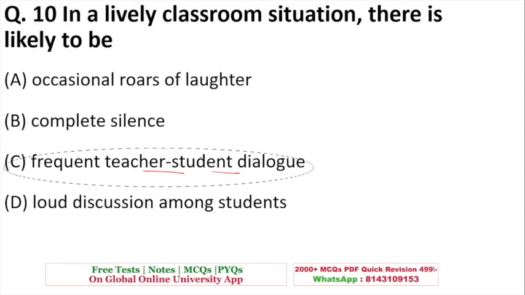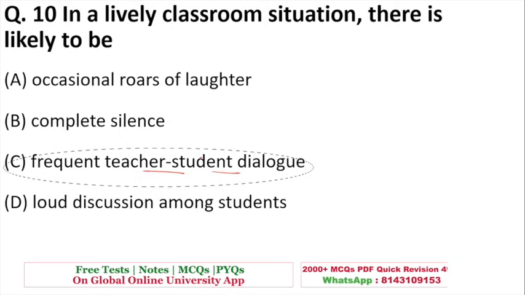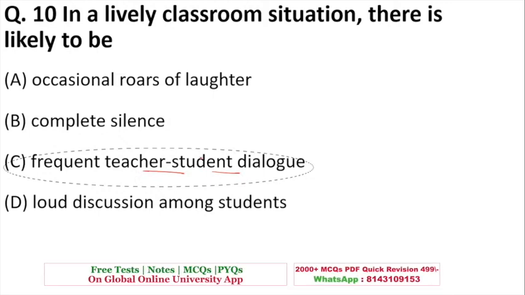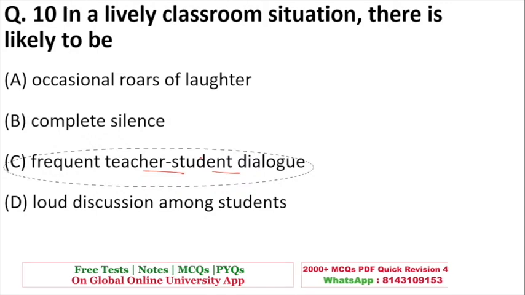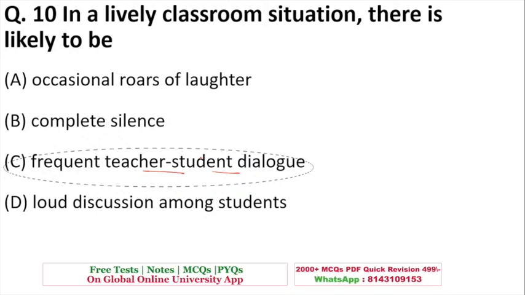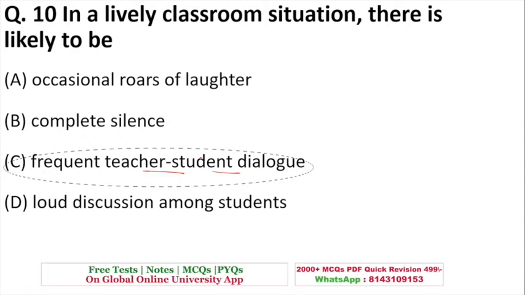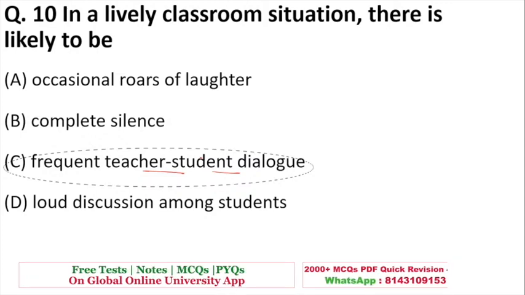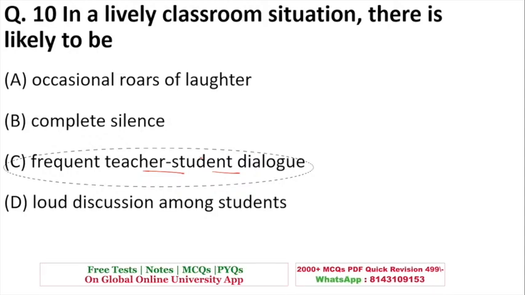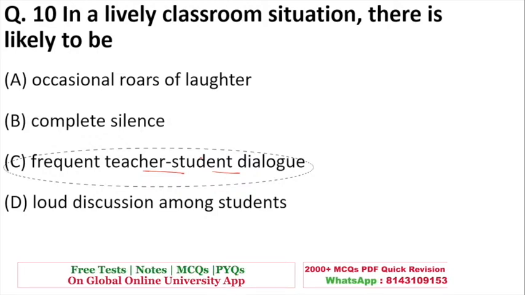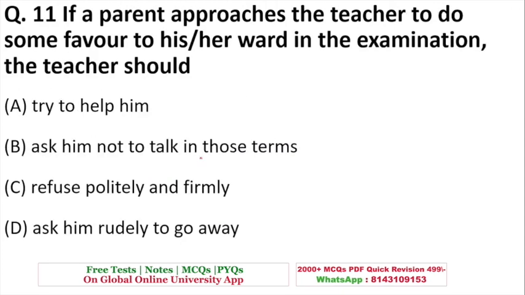Whenever student and teacher interact, the doubts get cleared, and the teacher also gets to know whether the students are understanding what she's teaching or not. So frequent teacher student dialogue is important.